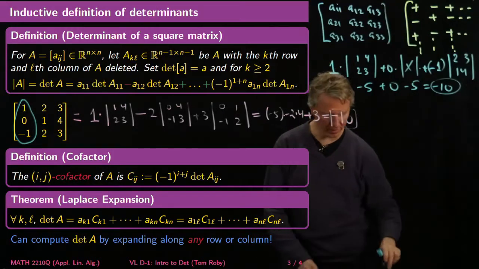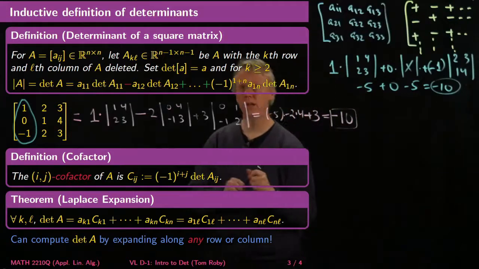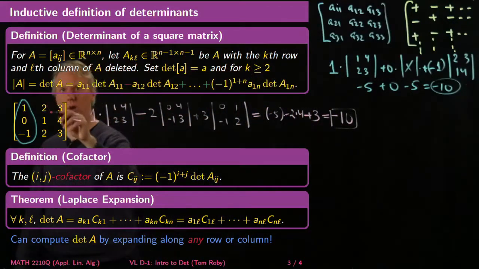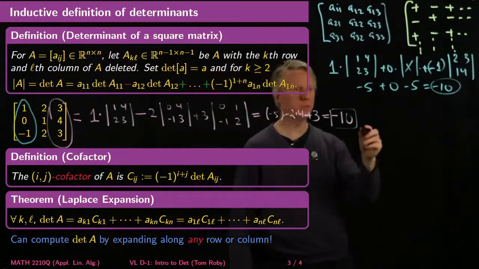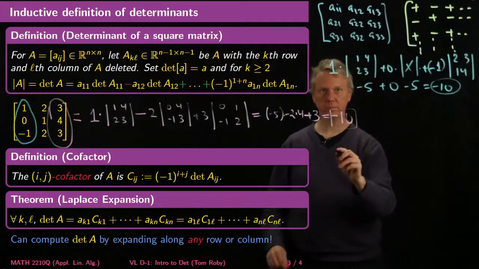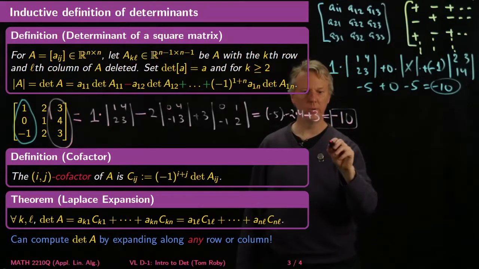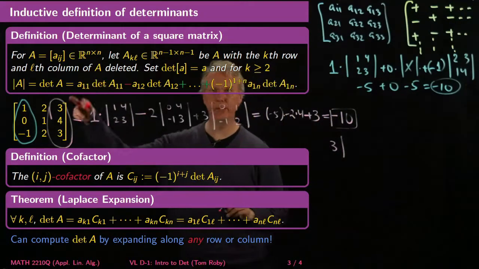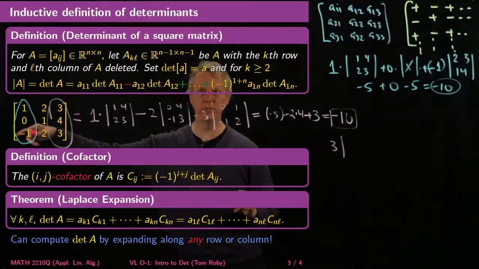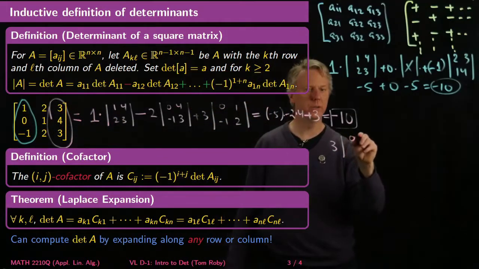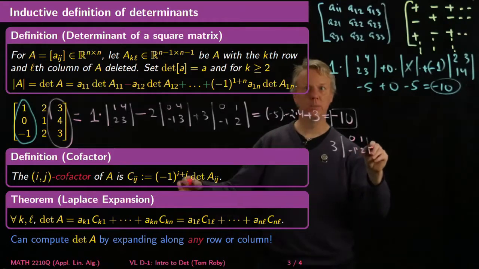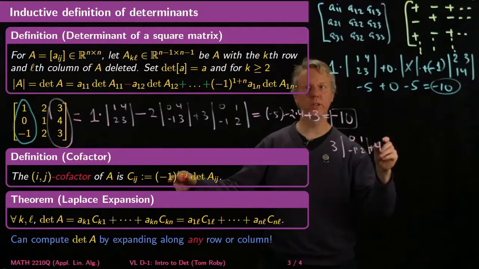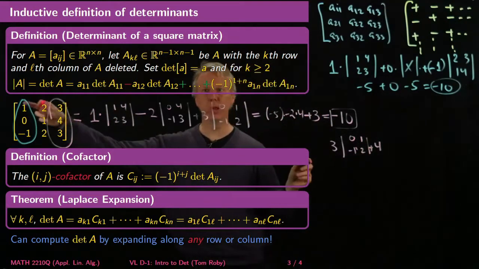Let me take a different color. What would happen if we expanded instead along the 3, 4, 3 column? So now we're over here, and we would have 3 times the determinant when I eliminate that column and that row: 0, 1, negative 1, 2, plus 4 times, oh wait, it's plus minus plus.